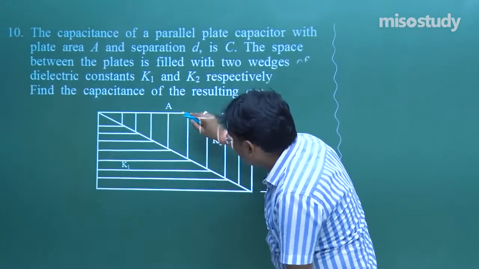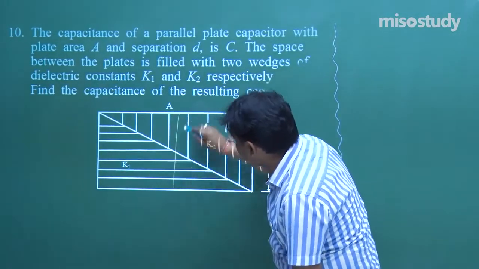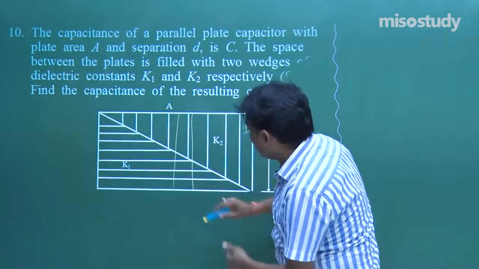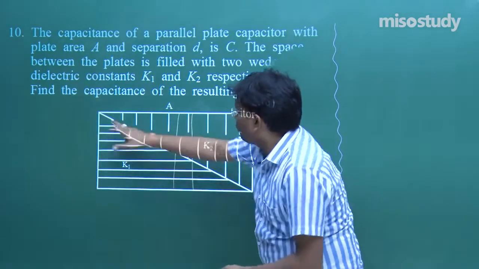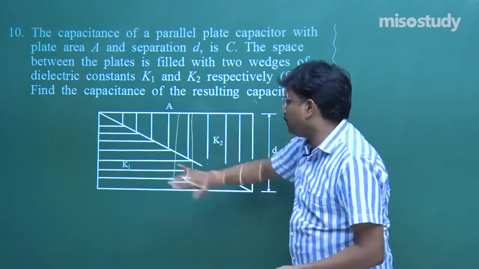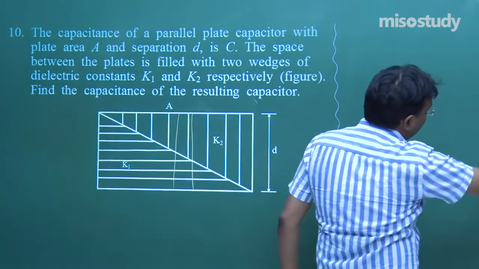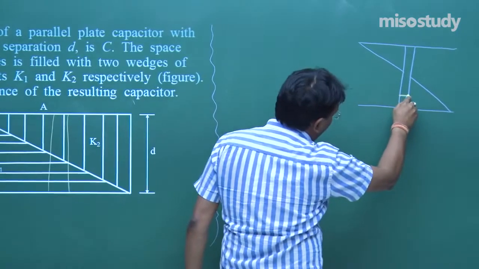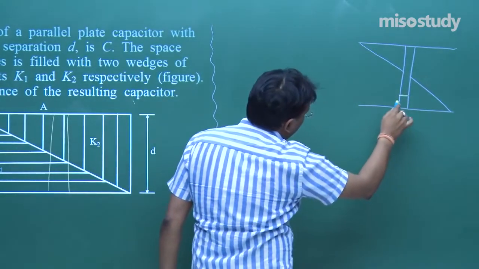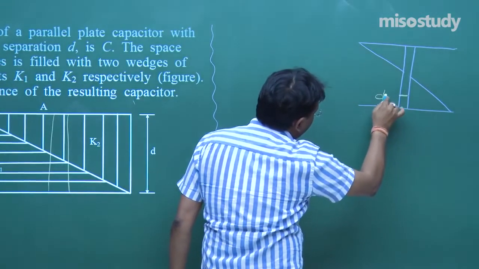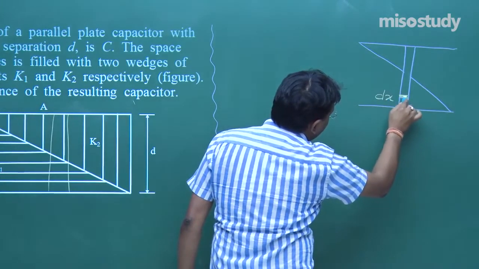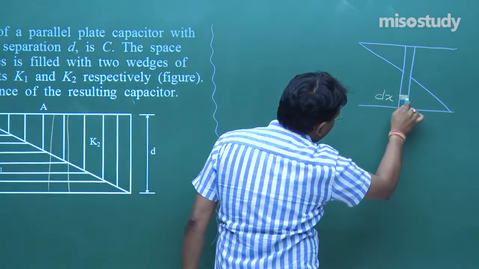This line, and then let us assume this portion, and then we will integrate it from this point to this point for this and this. Okay, so the same thing I draw over here. Let us say this small gap is equal to dx. Okay, this strip is of thickness dx.